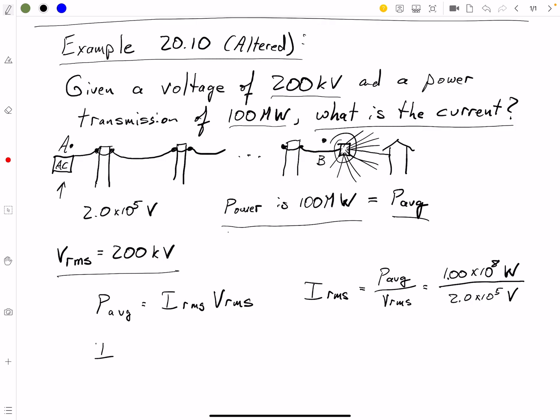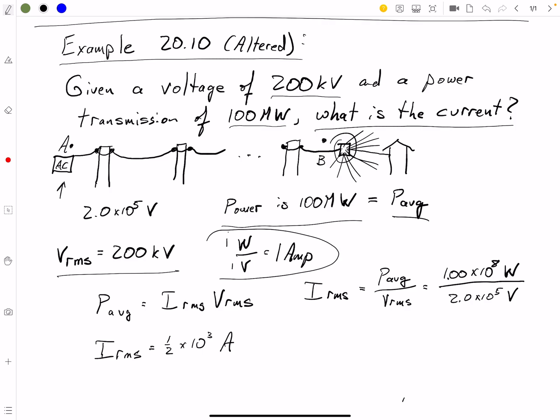Okay, so I RMS is equal to 1/2 times 10 to the 3, and then watts divided by volts has to be amps. Unit wise, 1 watt over 1 volt equals 1 amp.